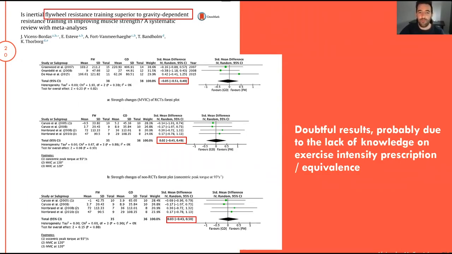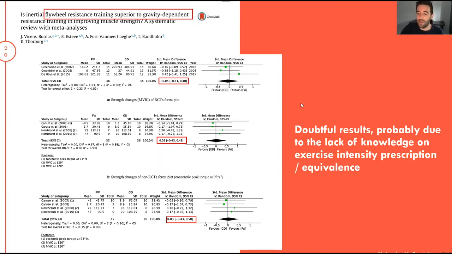What about their effects compared to gravity-dependent resistance training? Let's say that gravity-dependent is called free weights or isoinertial, and non-gravity-dependent, the flywheel. But some recent research suggested that there is a low influence of gravity, so we cannot call them gravity independent because we are still on Earth. So there are doubtful results when we compare both technologies, and we cannot say that one is better than the other to improve muscle strength.